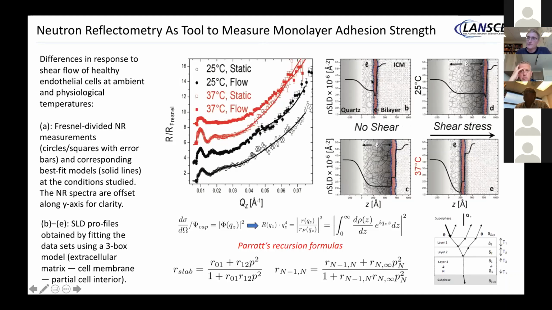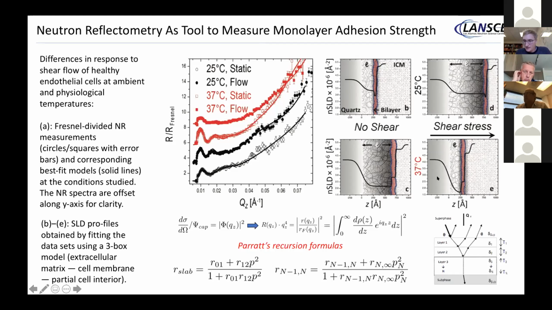However, if we took quiescent cells with no shear at 25 degrees and increased the temperature to 37, we saw a similar type of behavior as if we took cells at 25 degrees and placed them under shear. So if you increase the temperature, the cells again would tend to lift away from the quartz, or there would be an increase in the thickness of the extracellular matrix.